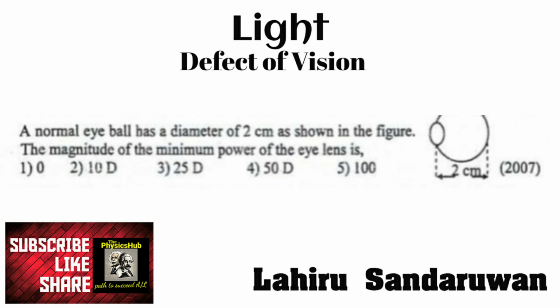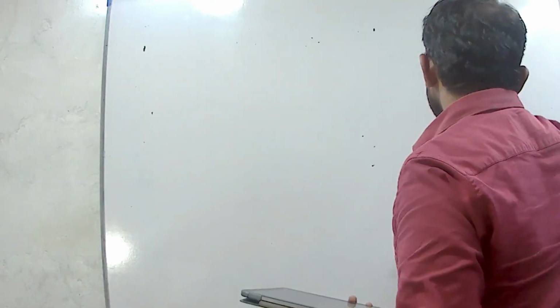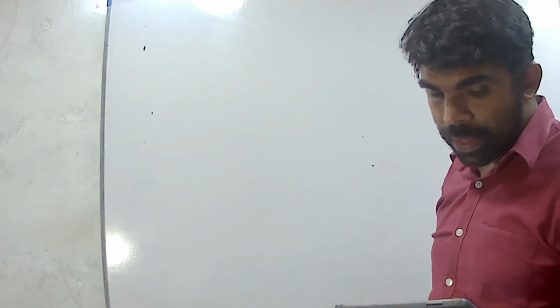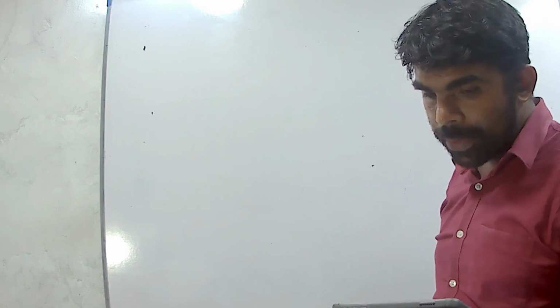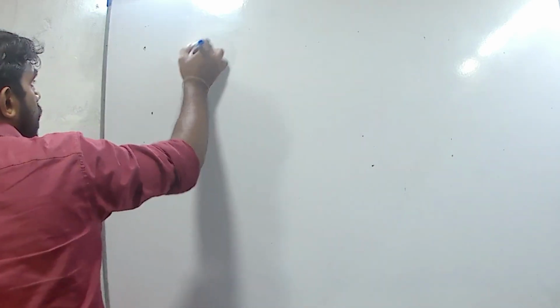A normal eyeball has a diameter of 2 centimeters as shown in the figure. The magnitude of minimum power of the eye lens is? We know that we can obtain minimum power for the maximum focal length. It is for seeing infinity.